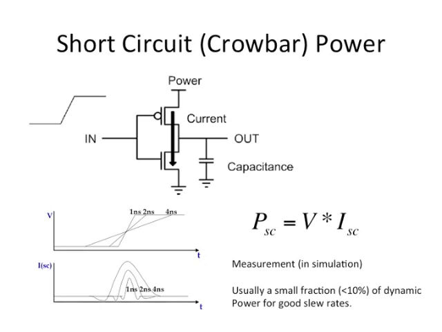The short circuit current for a well designed circuit, where you have good slew rates and have sized things properly, is a small fraction of the overall dynamic power. Usually it's less than 10%.